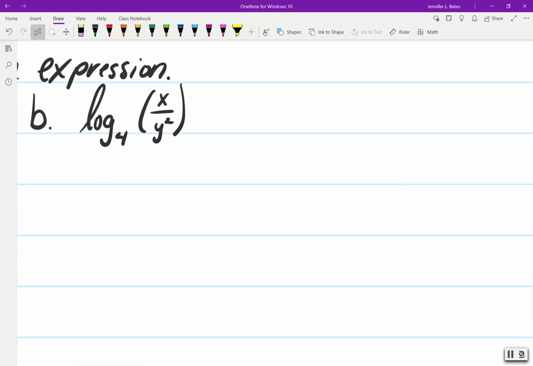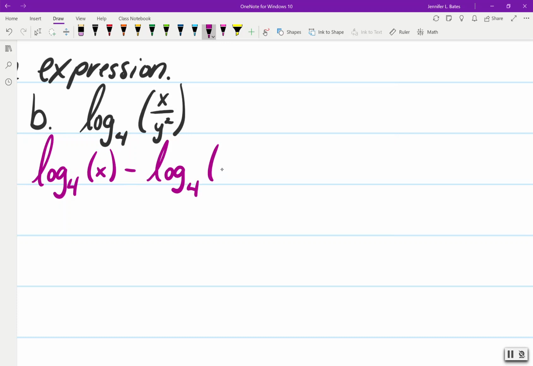Log property 2. If I have log property 2, I know that I want to rewrite these as 2 logs that are being subtracted. So I'm going to rewrite this as log base 4 of x minus log base 4 of y squared.